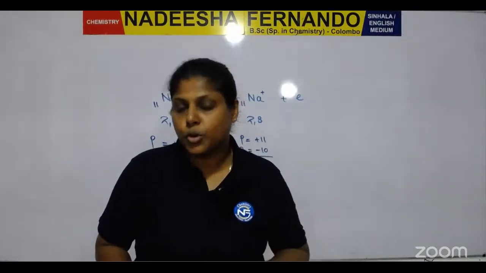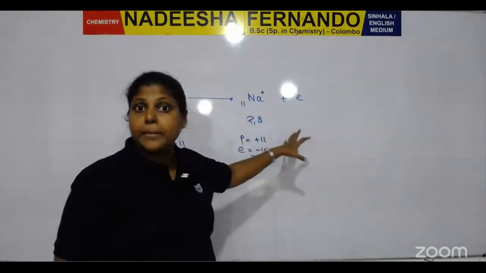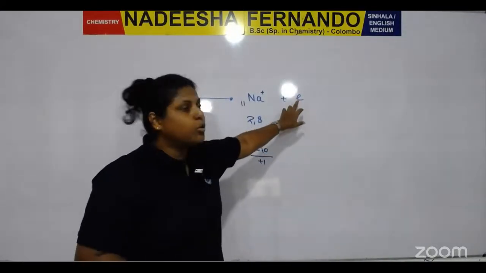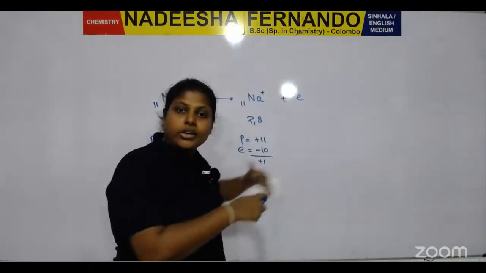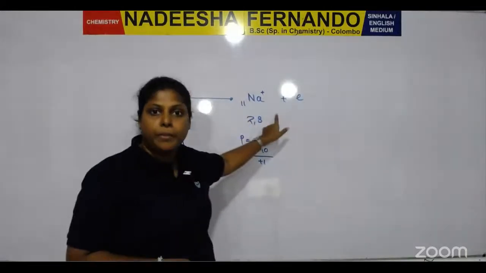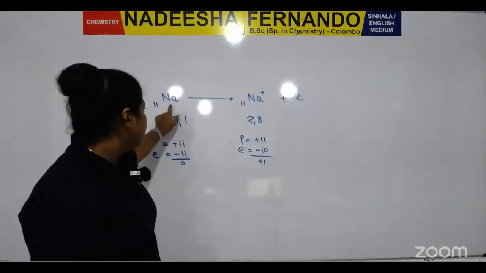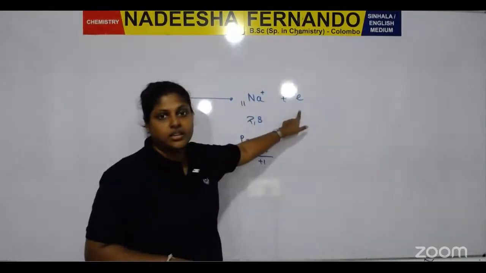So when the element sodium turns to sodium plus, it has removed only 1 electron. So the number of electrons transferred between sodium and sodium plus is 1.